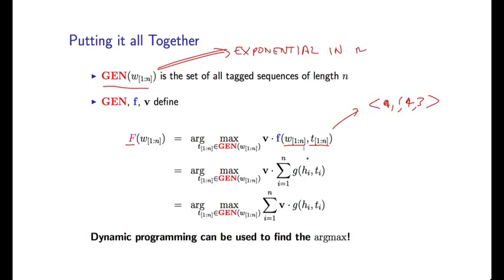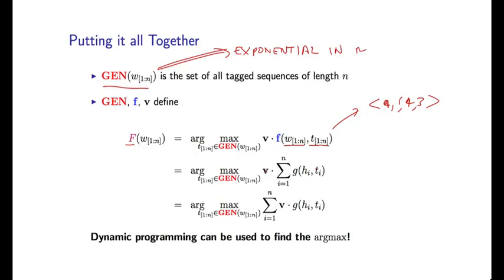Now, if we substitute in the definition I showed you before, this f is going to be a sum from i equals 1 to n of g of h_i, t_i, where h_i is the ith history in this tag sequence, and t_i is the ith tag in that tag sequence. So this is, again, just substituting in this definition for f, where we take the sum of these local feature vectors.